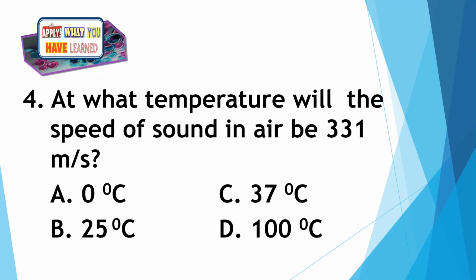Number 4. At what temperature will the speed of sound in air be 331 meters per second? A. 0 degrees Celsius. B. 25 degrees Celsius. C. 37 degrees Celsius. D. 100 degrees Celsius.